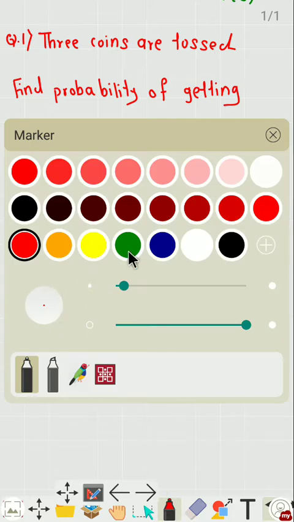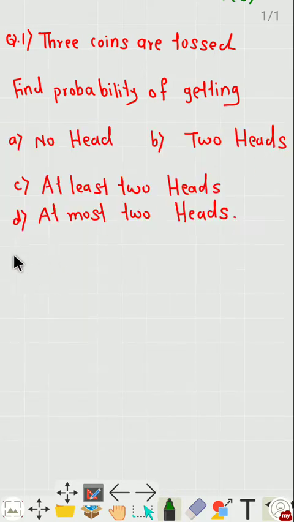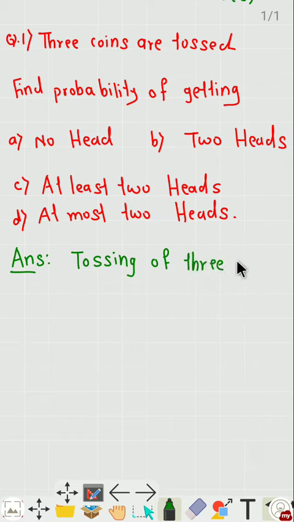So let us write the answer for this question. Our random experiment is tossing of 3 coins. As this is the random experiment, what are the outcomes?